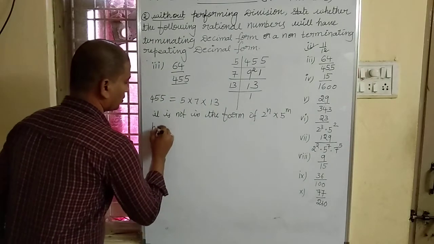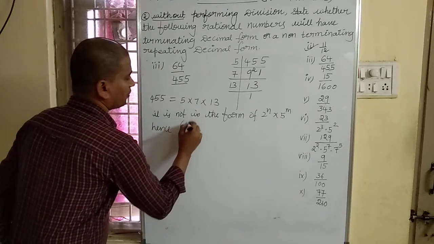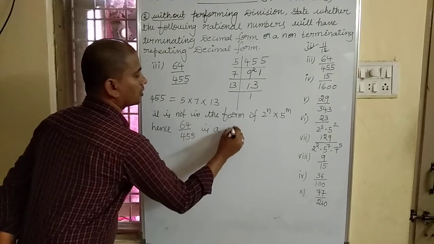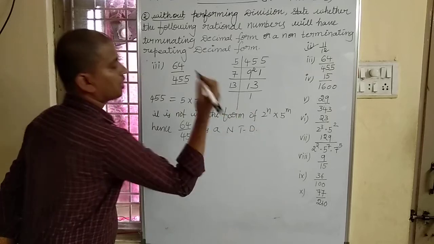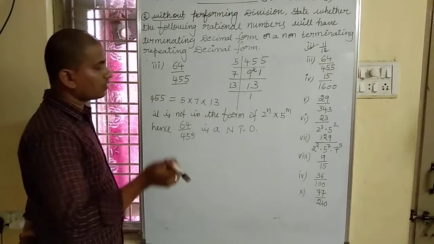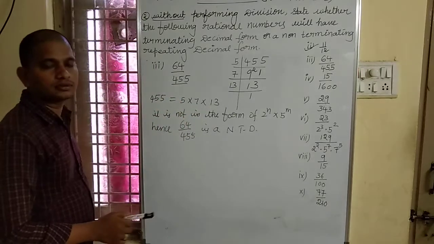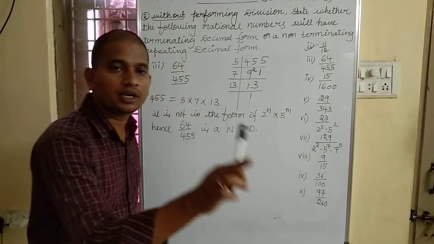Hence 64 by 455 is a non-terminating decimal. Got my point? Instead of getting only 2 and 5, we got other factors 7 and 13. That's why it is a non-terminating decimal.